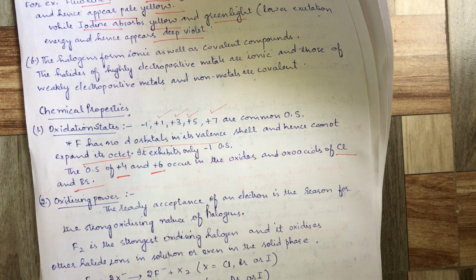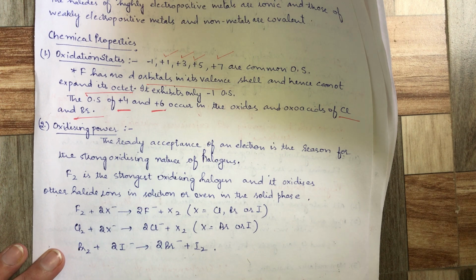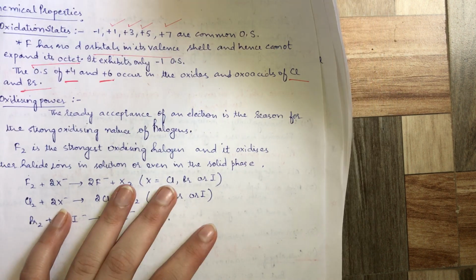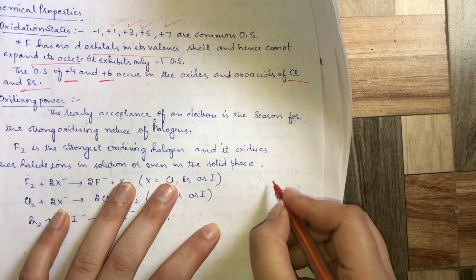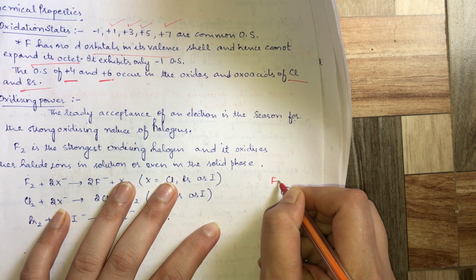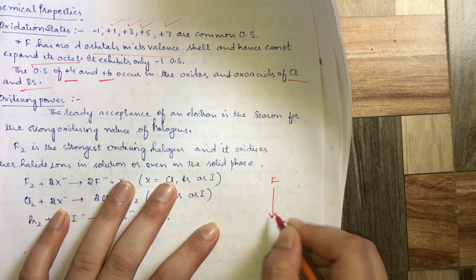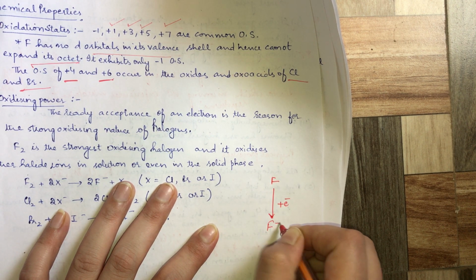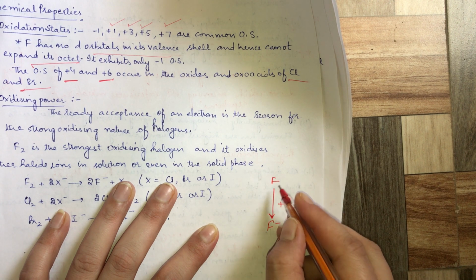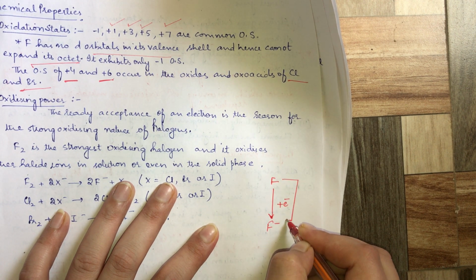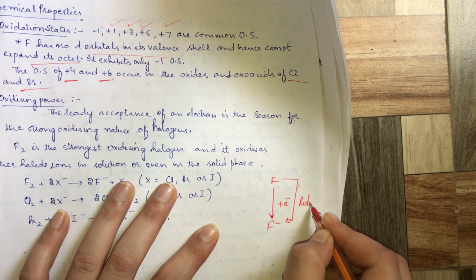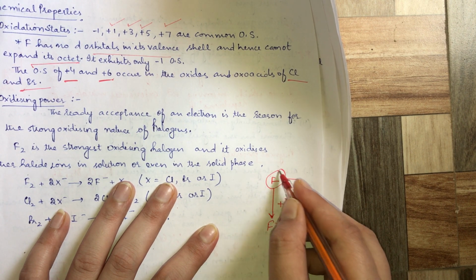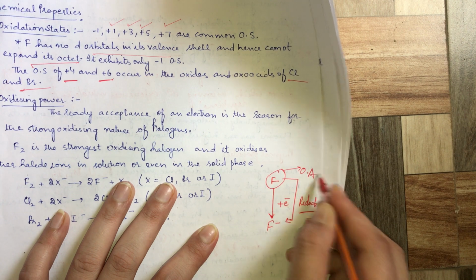Next important topic is the oxidizing power. Before starting, let me make you realize that suppose we have fluorine. Fluorine will very easily gain one electron and get reduced to fluoride. So from this to this, what is taking place? Reduction. If a species undergoes reduction, it will act as an oxidizing agent.